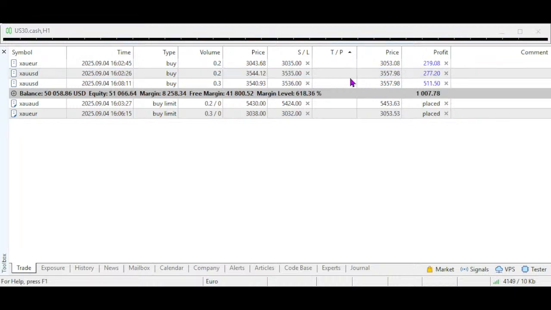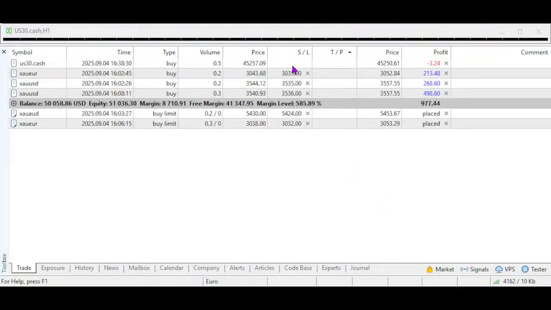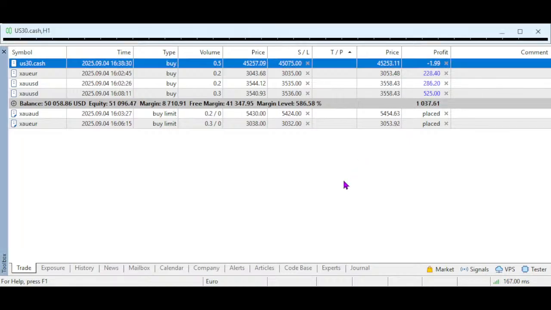Okay, let's go for a buy. Buy at market, and we put a stop below 45,075. Then we will go for another buy at a later stage.